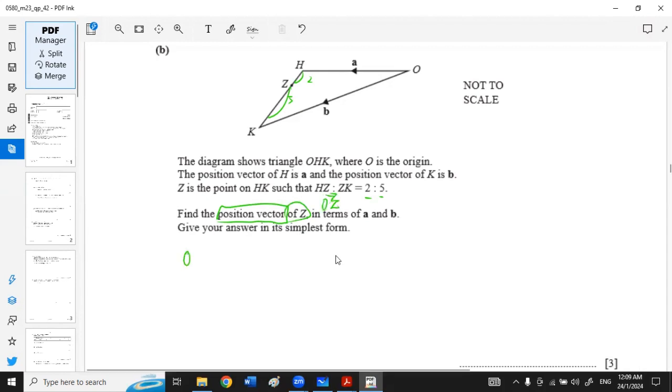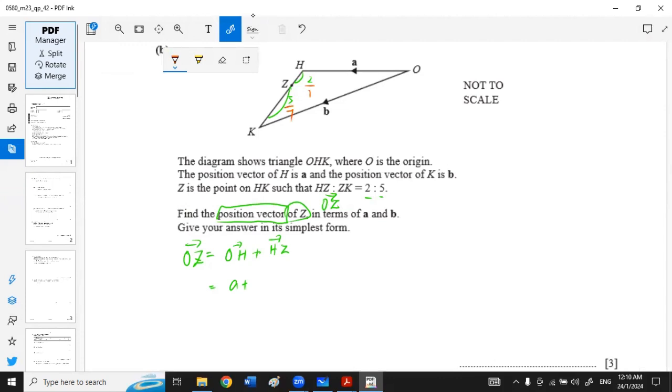Position vector of Z is OZ. Okay, OZ will be OH plus HZ. So equal to A plus, this will be 2 over 7.